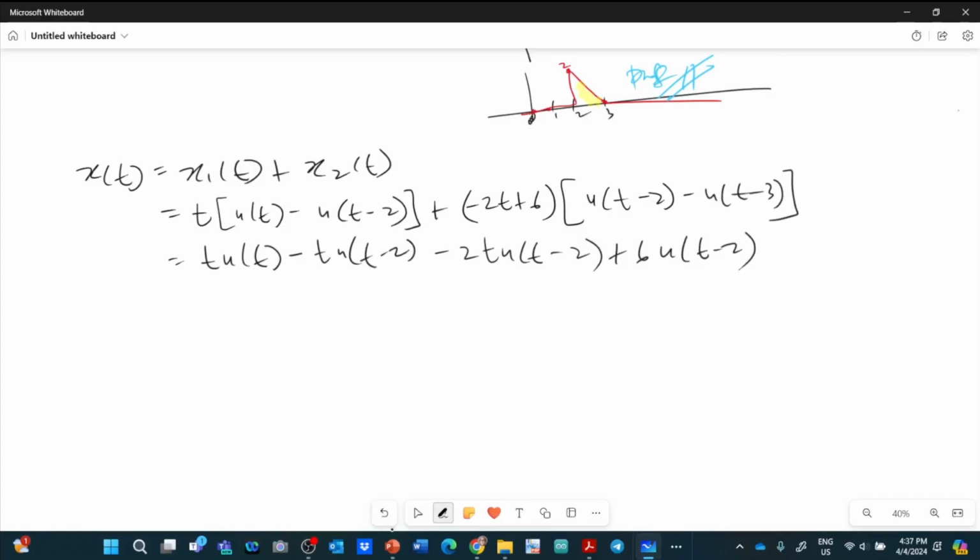Okay, what else? Expand this one too. Plus 2t, right? u(t minus 3) minus 6 u(t minus 3).